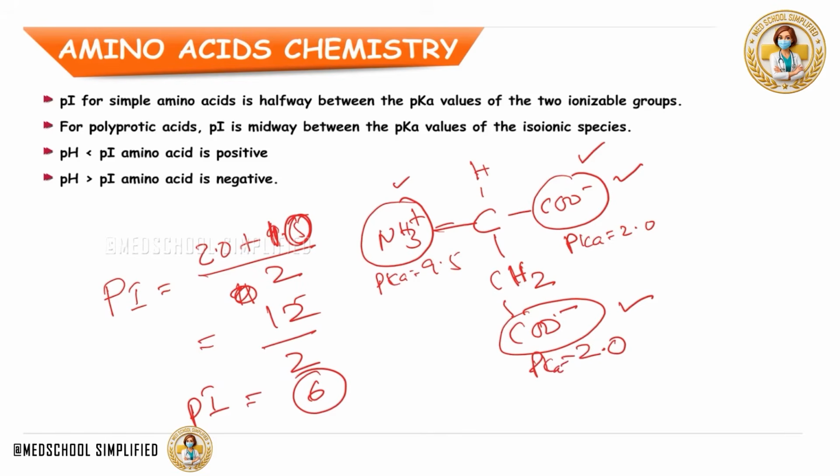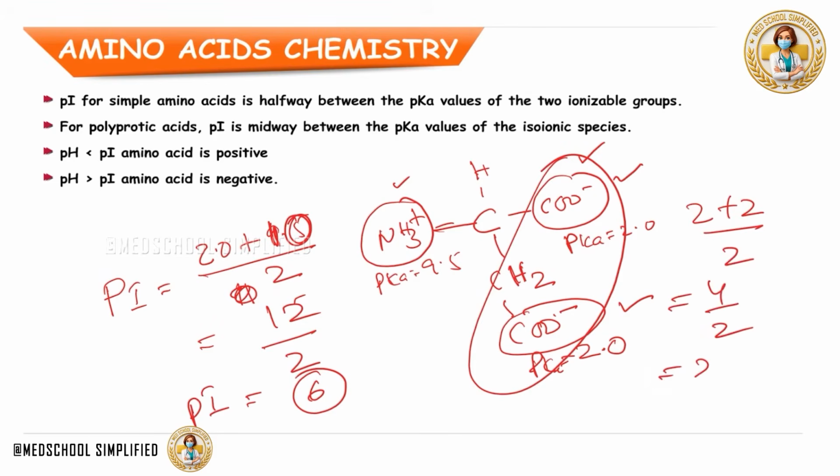So what is the isoelectric point of aspartate here? We take the isoionic species, so that is 2 plus 2 divided by 2, that is 4 divided by 2, which is 2. That is the PI, the isoelectric point of aspartate. This is how you calculate the isoelectric point of an amino acid.